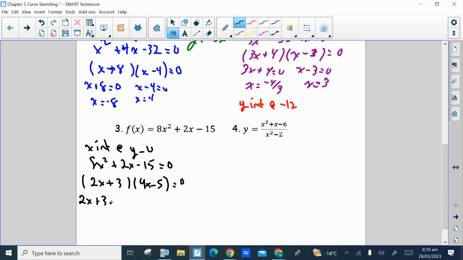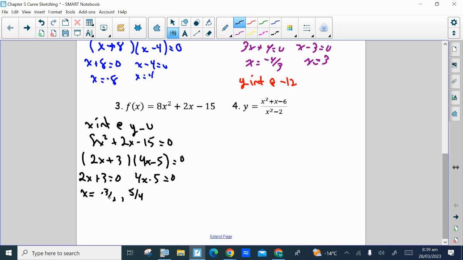So again, the x-intercepts are found where each factor equals 0. That'll be at -3/2 and +5/4. So sometimes the x-intercepts are rational numbers. And the y-intercept is, remember, the value of the constant term, which is -15.